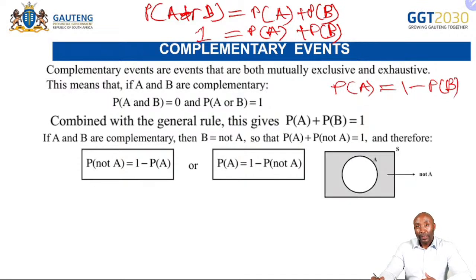Using the diagram, you are able to see that anything that is outside the event A, we call our not A, and it's shaded gray there.